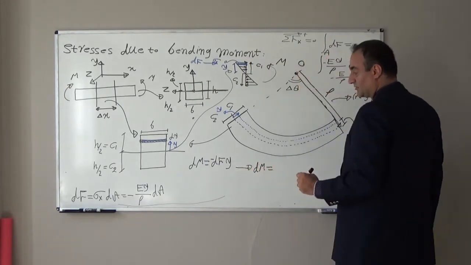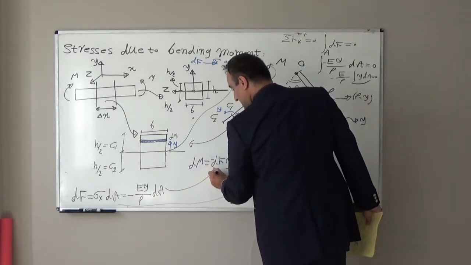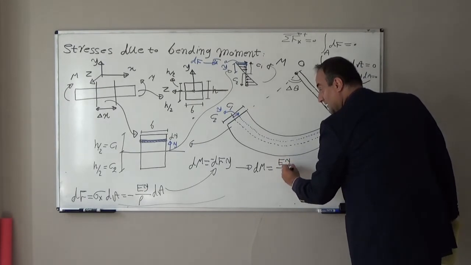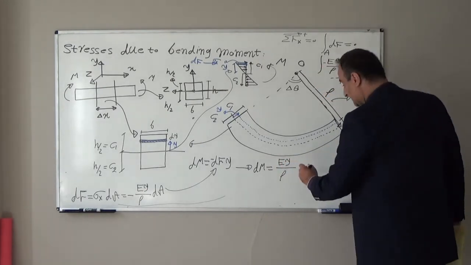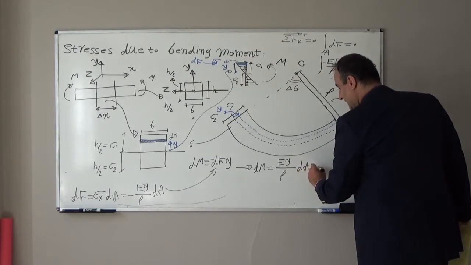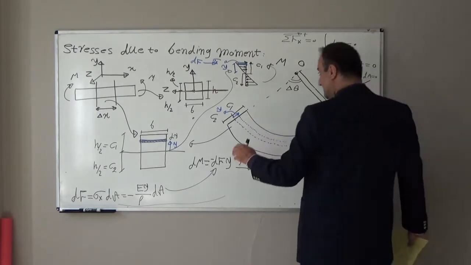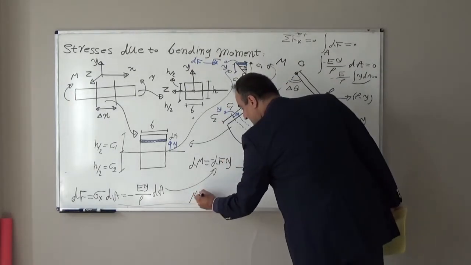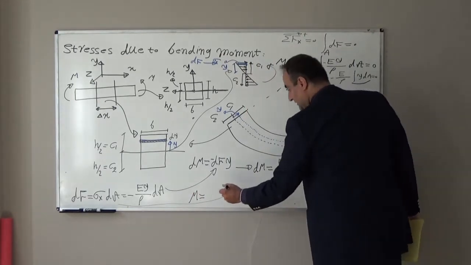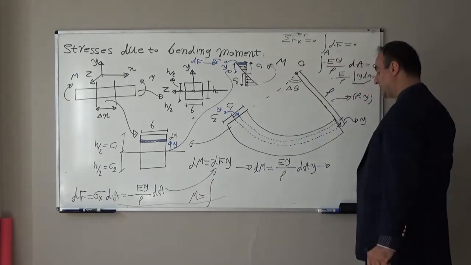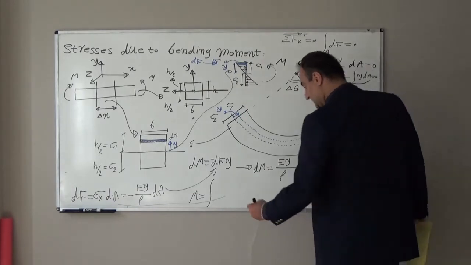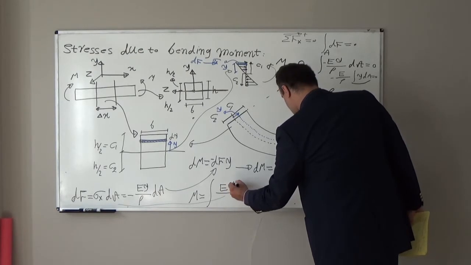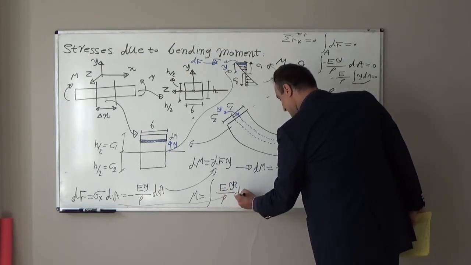From here, dM will be equal to, instead of dF, I plug this in, minus and minus will create positive, E y over rho dA y. If I integrate this dM for the entire cross section, I will end up with the moment. The internal moment is equal to integration of E y squared over rho dA.